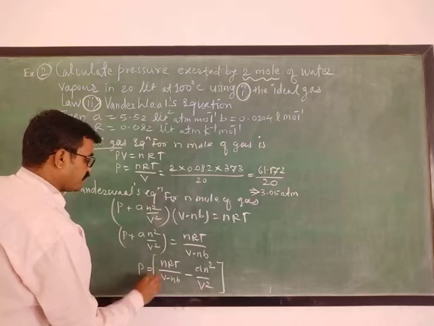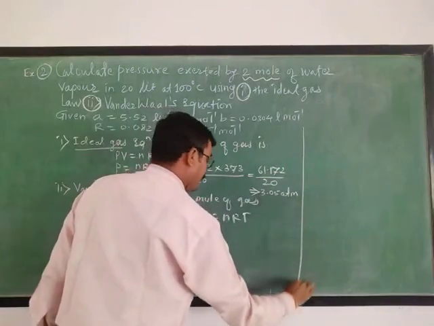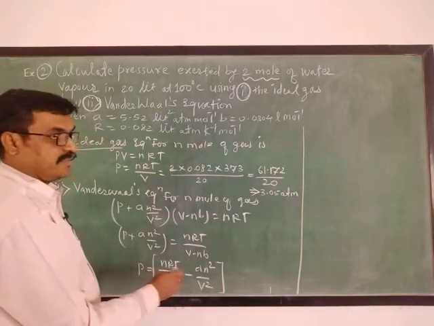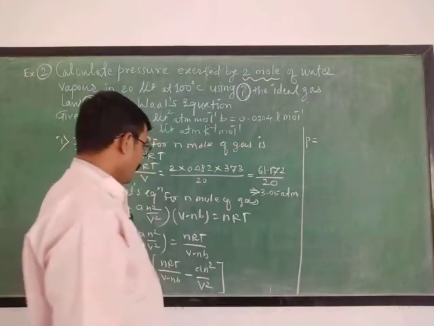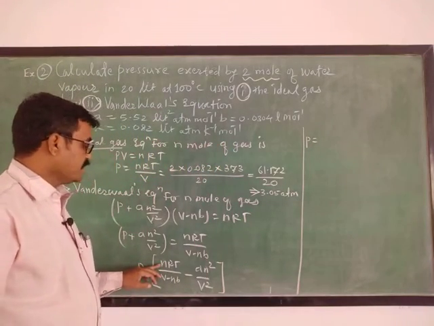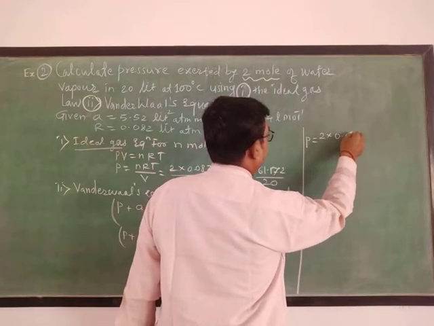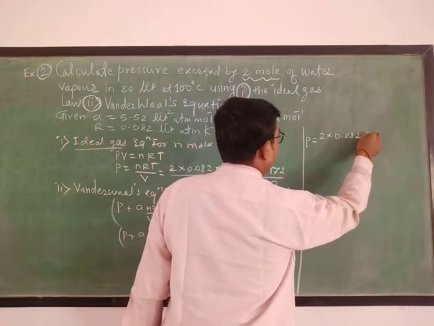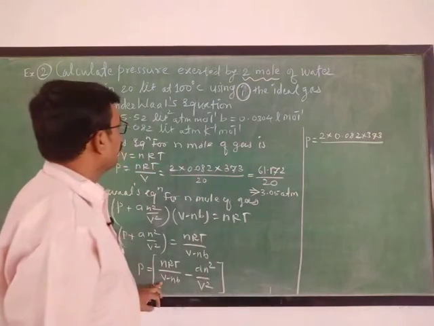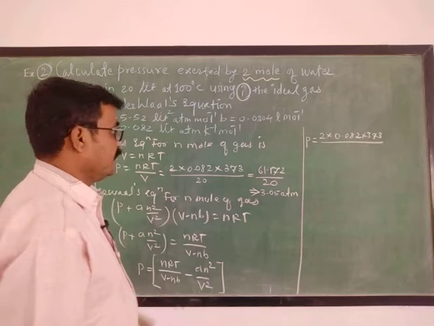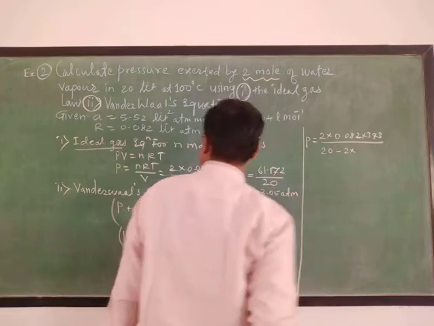As in the previous case, you only have to put the values of n, R, T, V and B. So P equals, how many moles of gas are there? 2. So 2 multiplied by 0.082 into temperature 373 upon V, volume is given as 20, minus n, 2, into B. What is the value of B?